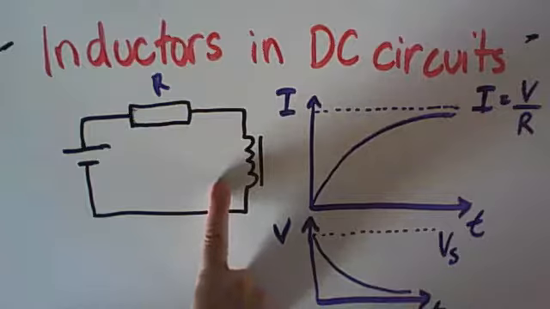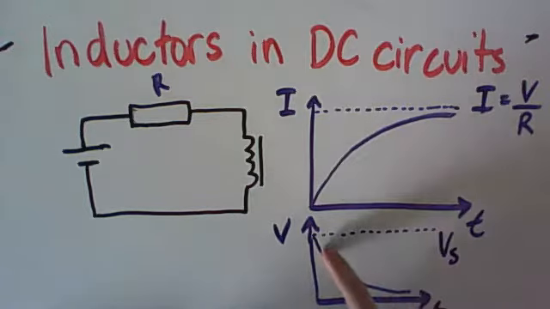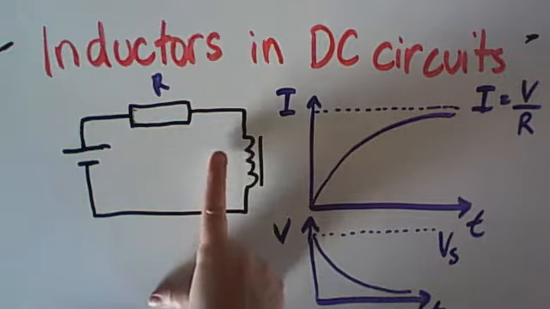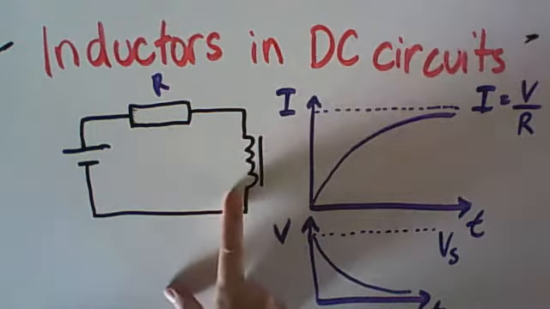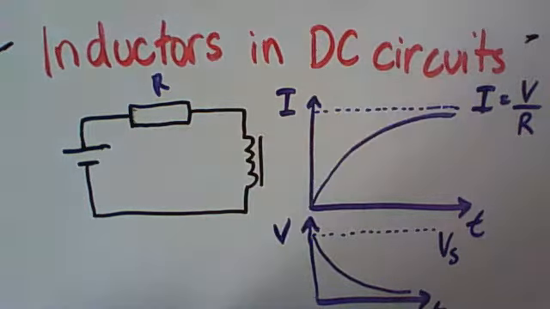Over time, as the change in the magnetic field becomes less and less, the current will start to build up and the voltage across it will start to drop until eventually there's maximum current flowing and no voltage across the inductor. That doesn't mean there's no voltage in the circuit, it just means no voltage across the inductor. The inductor is acting just like an ordinary piece of wire eventually.